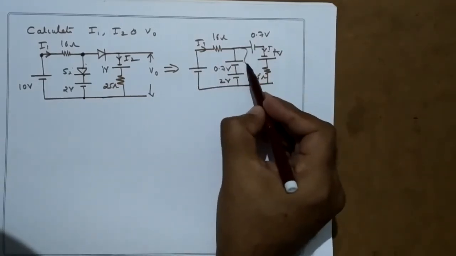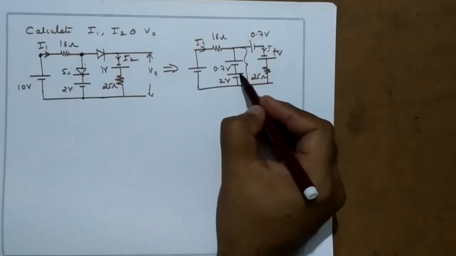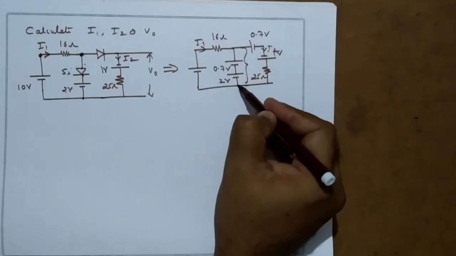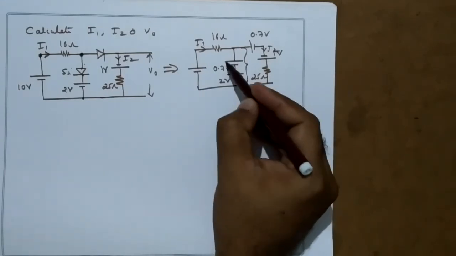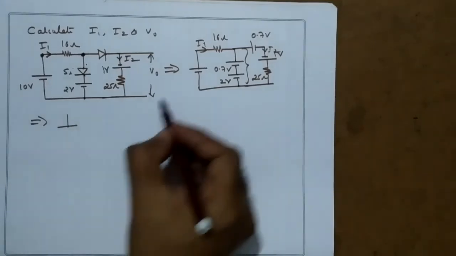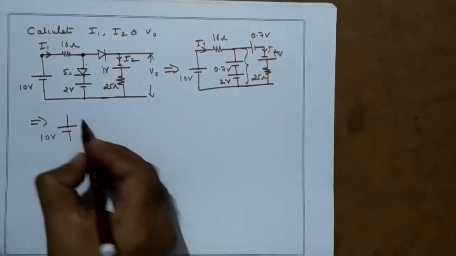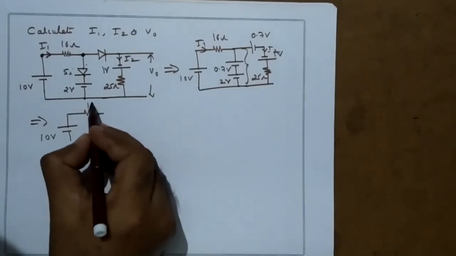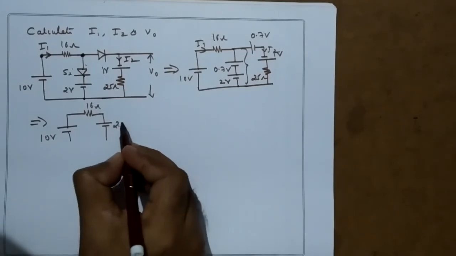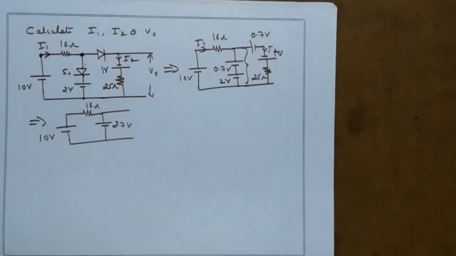This potential or this voltage is equal to 2.7 volt. See, positive, negative. So from here to here, the voltage will get added up. So it is 2.7 volt. This is equal to now 10 volts here. This is 16 ohm. And this voltage is 2.7 volt. And here these two will get added up.